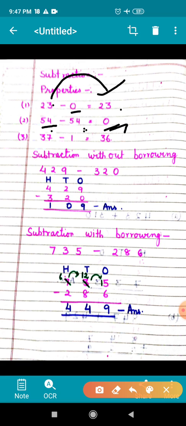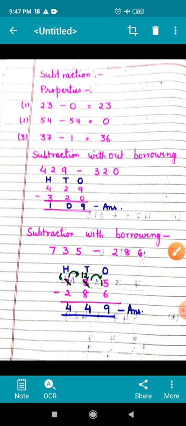Okay. Now the third property is if you subtract 1 from any number, the answer comes the number before it. Here which number comes before 37? 36. So 36 is the answer. Children, hope you all are understanding these properties.